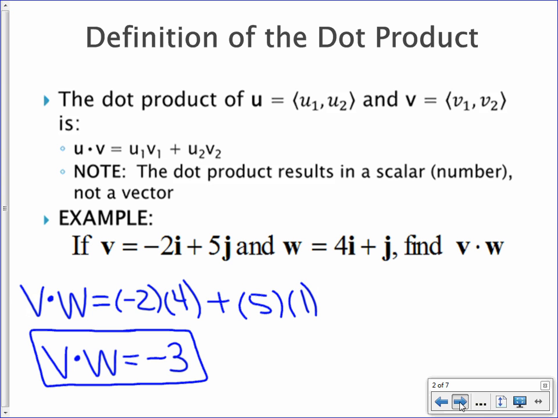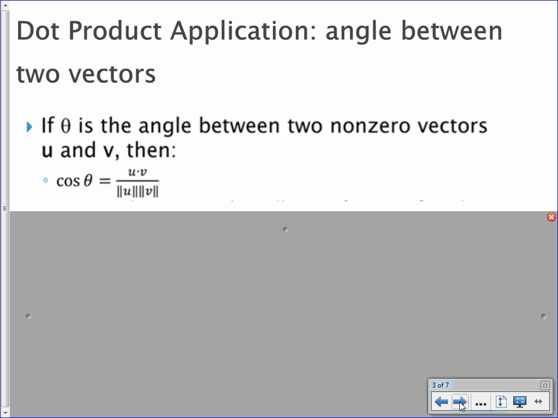You're all on the edge of your seats waiting to know. We can find the angle between two vectors using this. We know that the cosine of theta is the dot product over the product of the magnitudes of our two vectors. So write it down, and then we'll talk about it a little bit.